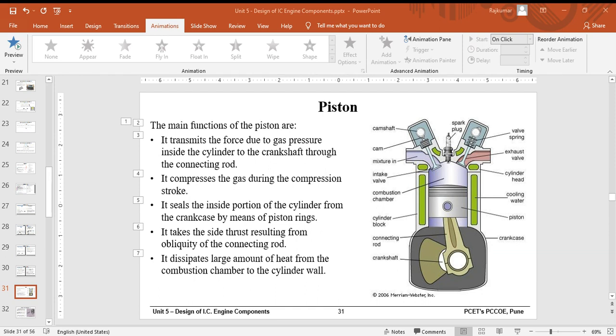So this is the important second role. Ribs also transmit a large portion of combustion heat from the piston head to the piston rings. So heat dissipation is also a role of the piston ribs. This reduces the temperature difference between the center and edge of the head.